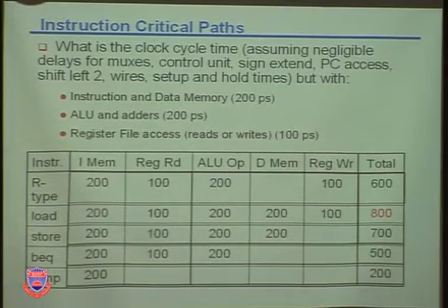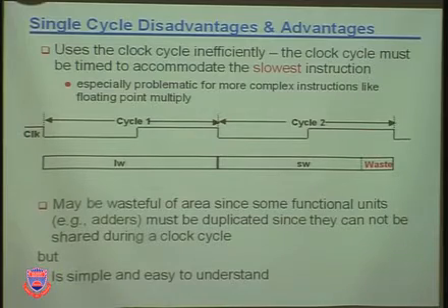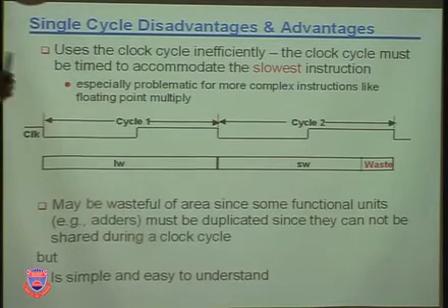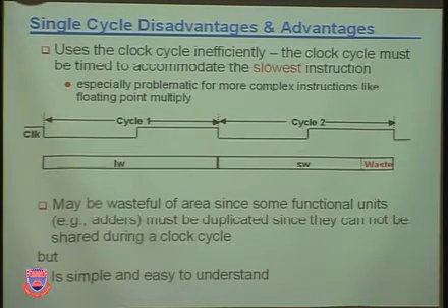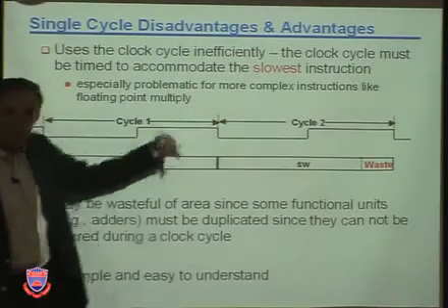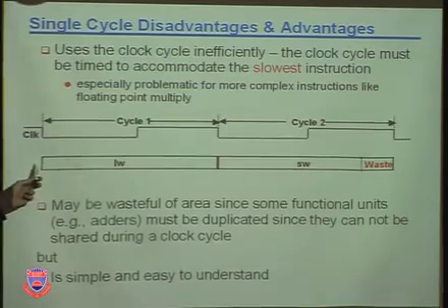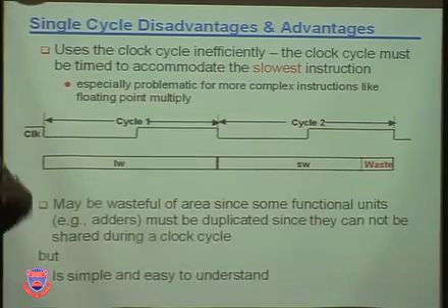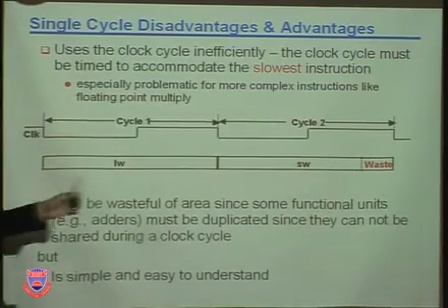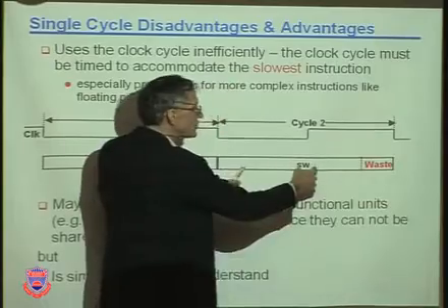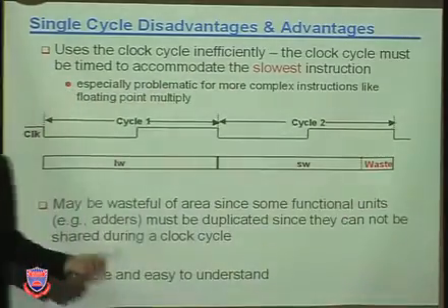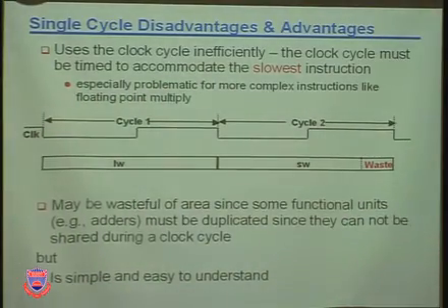So you can see that single cycle has advantage and disadvantage. The disadvantage is it uses the clock cycle very inefficiently. It must be timed to accommodate the slowest instruction, which we have just shown. So look at this. In the first cycle, we do a load word. The length of the cycle is 800 picoseconds, let's say. In the second 800 picosecond cycle, we do store word, and we have wasted time, because store word doesn't take 800 picoseconds.